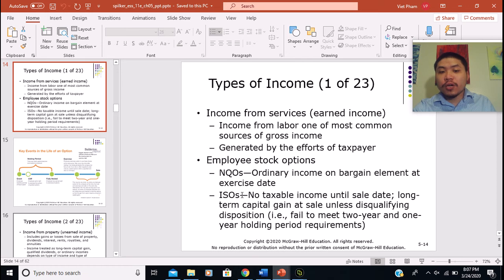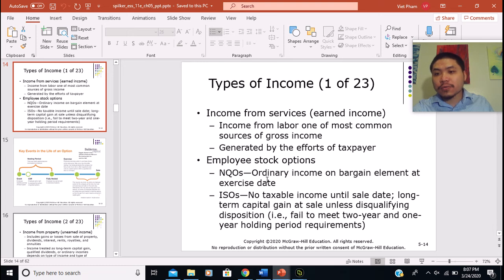However, for ISOs, the taxpayers are not taxed on the exercise date, but they are taxed on the date that they sell the stock, right? For NQOs, when the taxpayer is taxed on the exercise date, they are taxed at the ordinary rate.